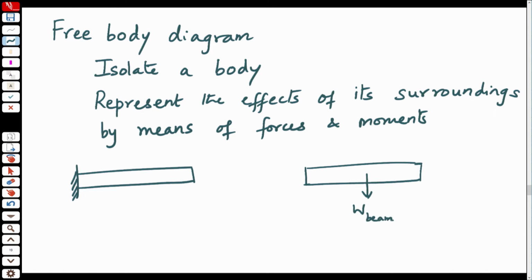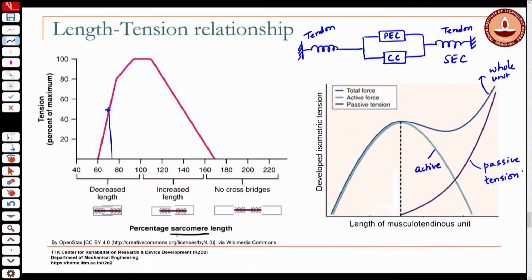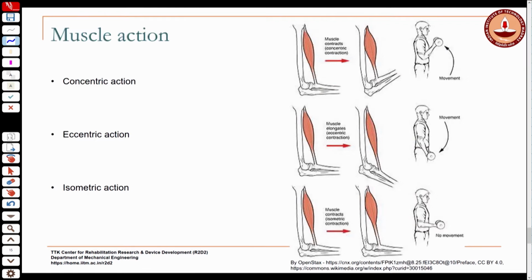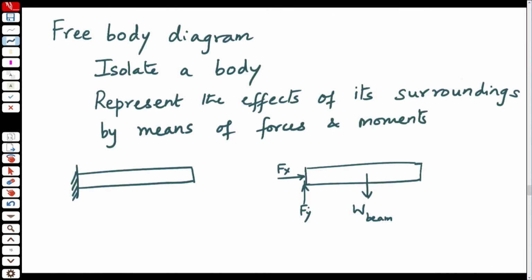So, that is one effect of the external environment on it. And then the fixed support is equivalent, as a 2D equivalent, to Fx and Fy being applied to the beam to prevent translation of the beam in both directions, and some moment that is applied to prevent rotation of the beam at that support.